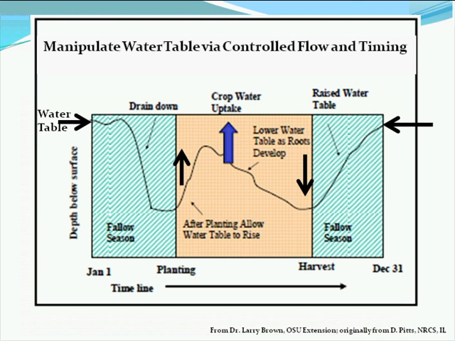As we approach planting, we can lower the water table, allow the soil to dry, complete our planting and cultivation practices, and then raise the water table back up, holding the water back in the soil profile at some shallow depths below the soil surface. But gradually, as the roots grow, we will lower this water table again until the time of harvest, and then the cycle would repeat itself.